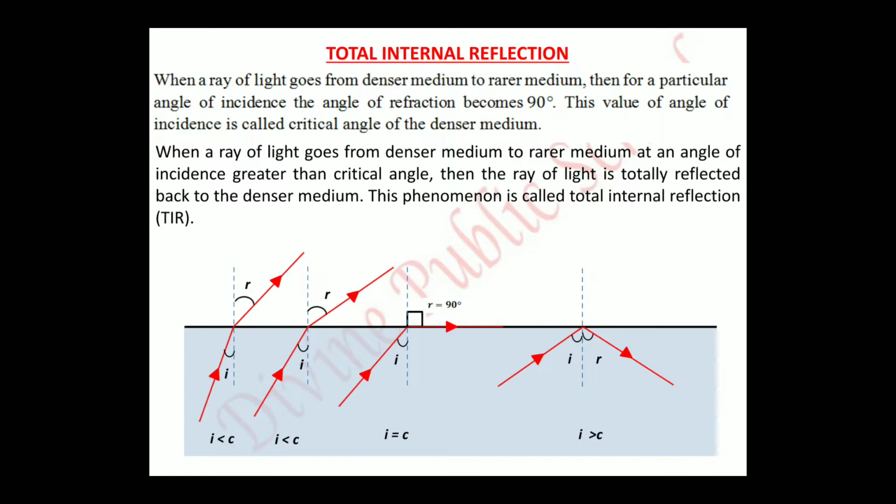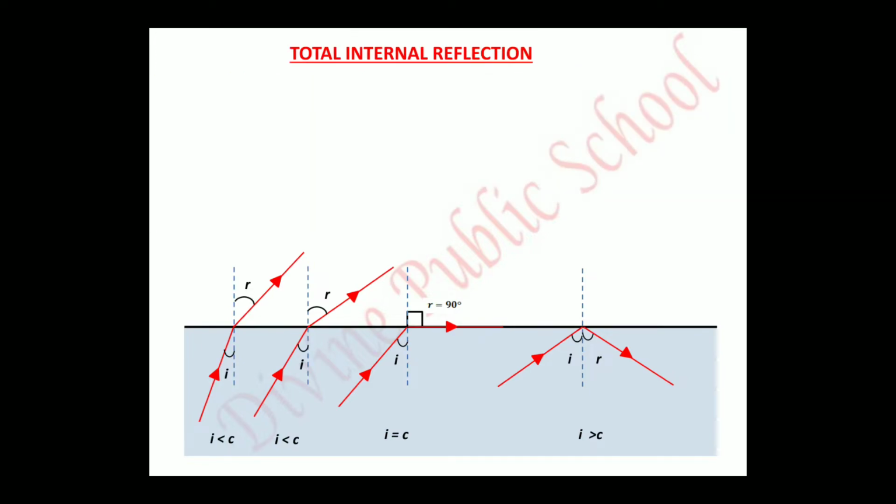Now let us derive a formula for critical angle. At critical angle, what we see is that the angle of refraction is 90 degrees. So if we apply Snell's law, we have sin C upon sin 90 is equal to mu 1 2. One is rarer medium, two is denser medium. This will be fixed for the whole chapter.